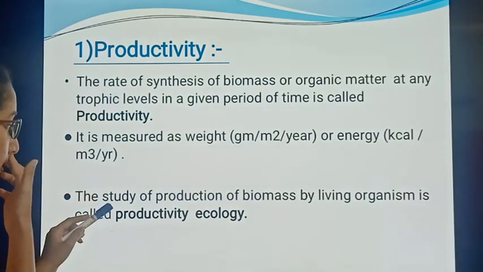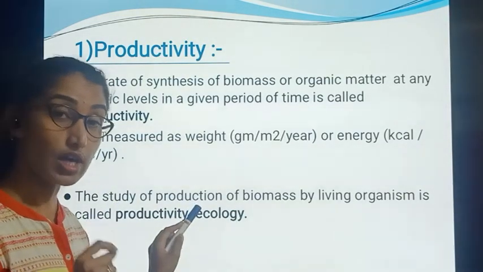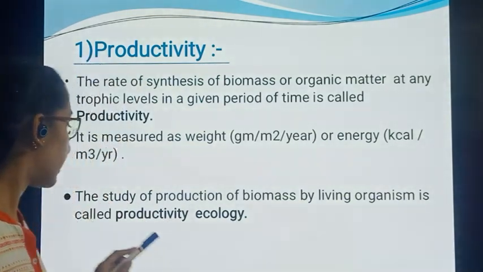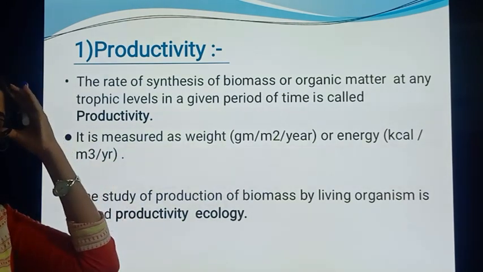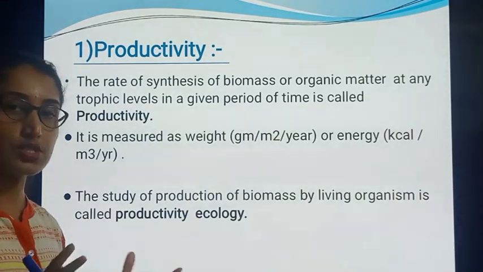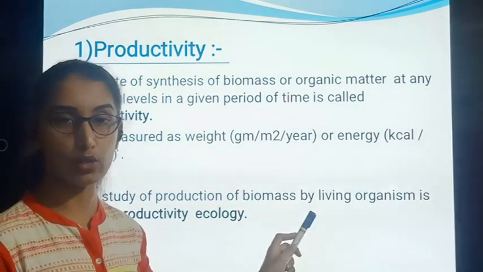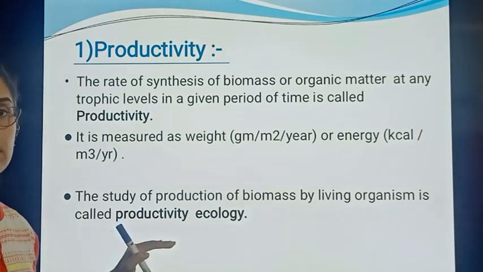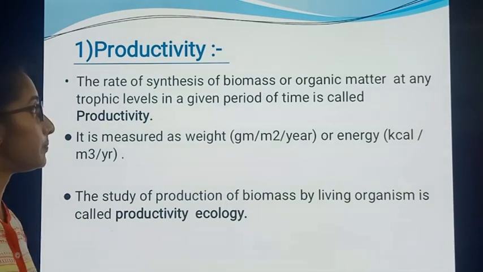The study of production of biomass by living organisms is called productivity ecology. Productivity ecology is the branch of ecology which deals with the study of the production of biomass by living organisms.